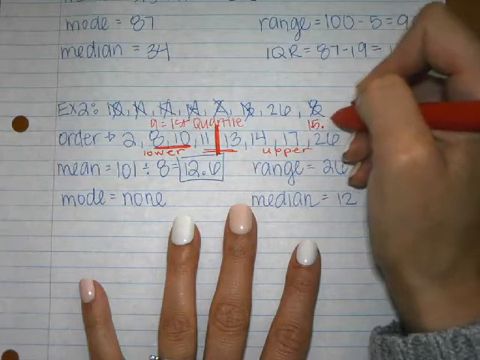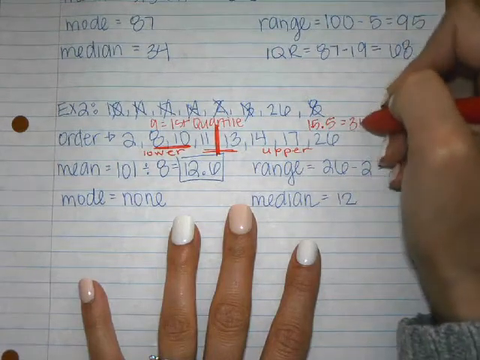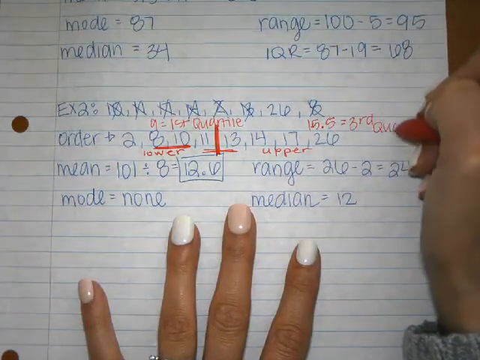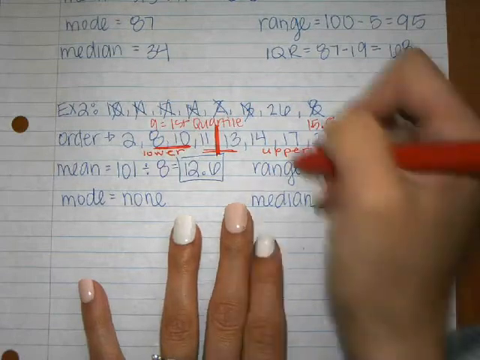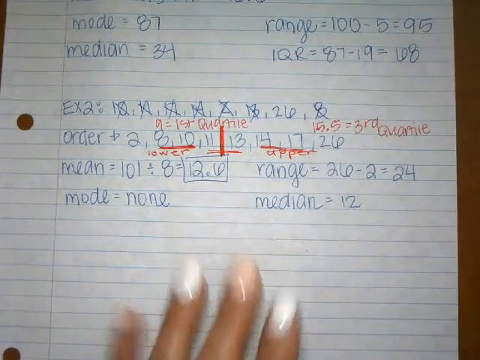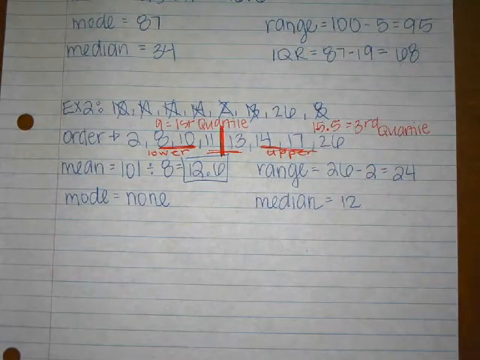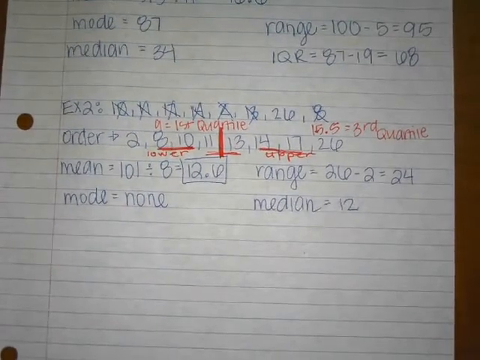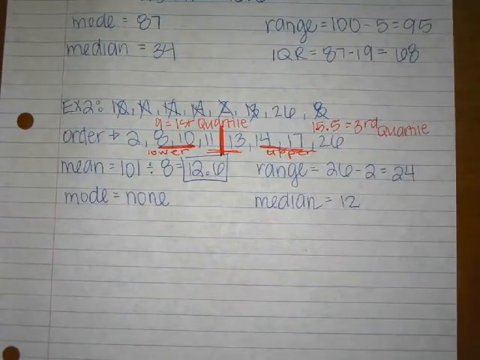You should have told me 15.5 is the third quartile. Because I have 14 and 17, 15.5 is in the middle of the 2, or in this case, it's probably easier to add the 2 up and divide by 2. Questions so far?